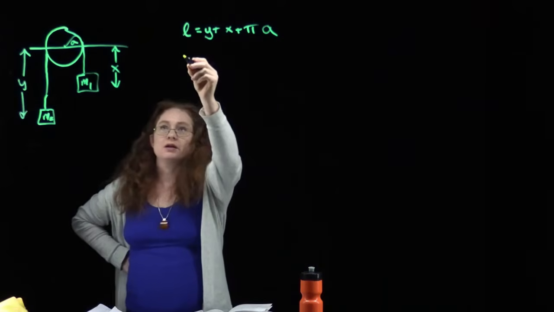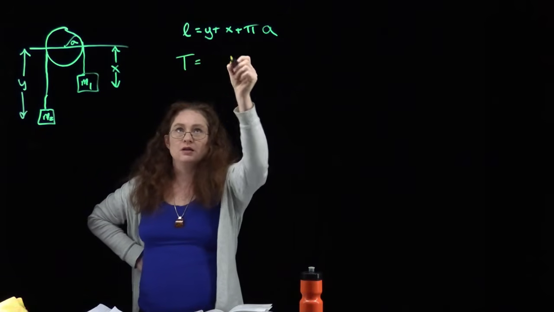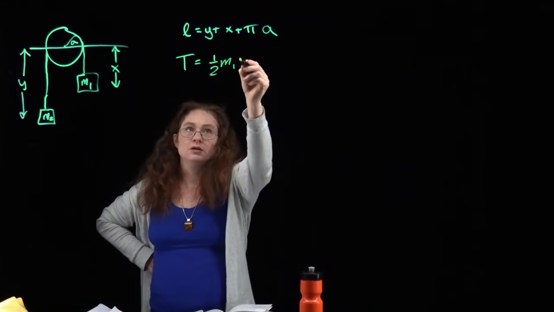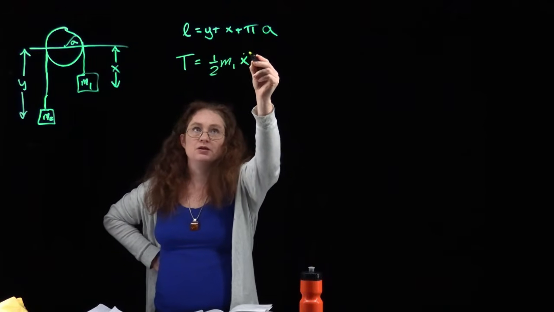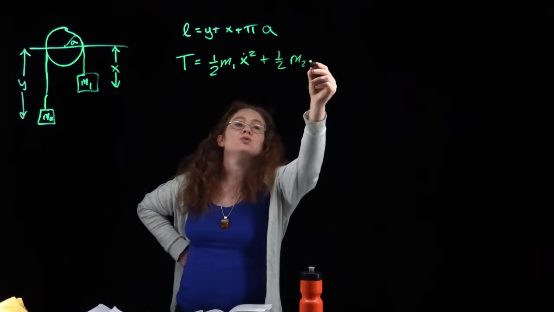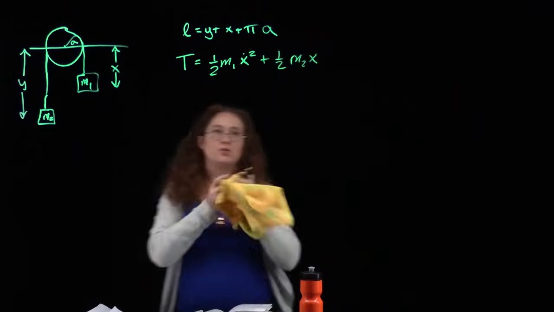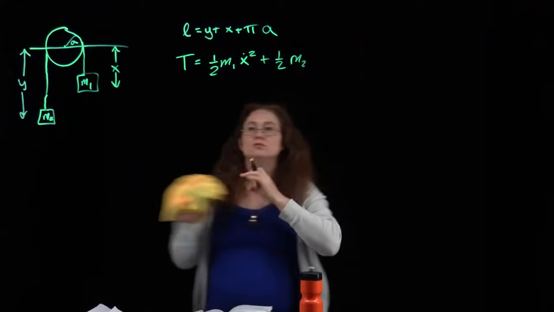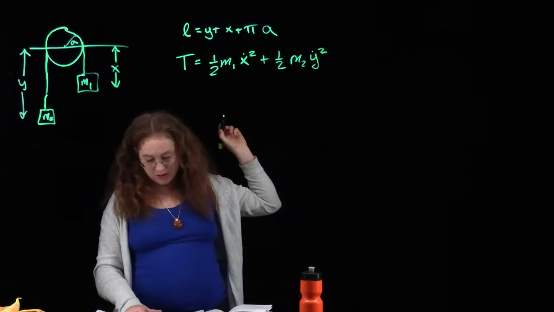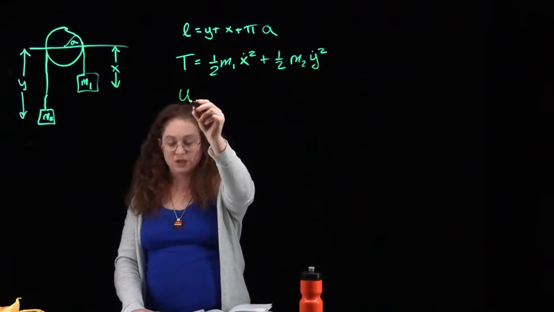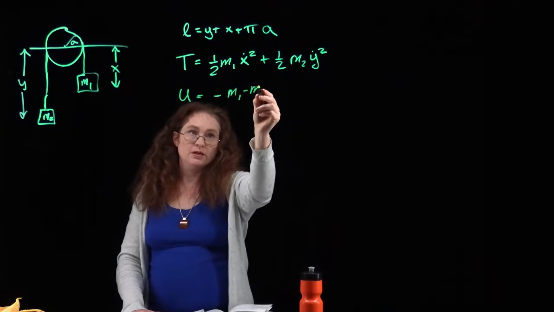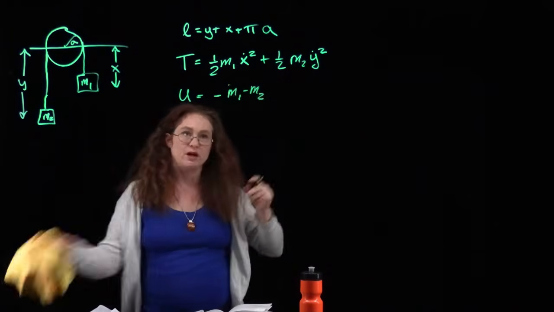So our kinetic energy is equal to 1/2 m1 x dot squared plus 1/2 m2 y dot squared, and then our potential energy, well, actually, let me write it this way.